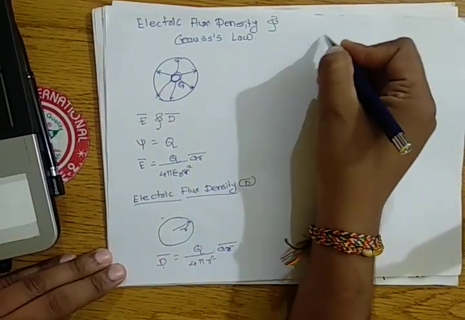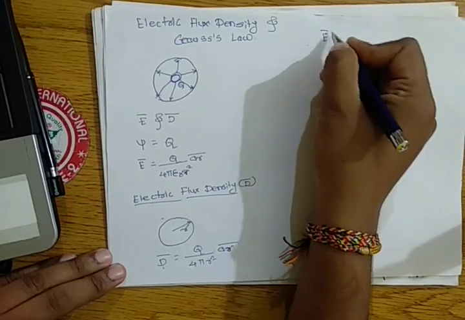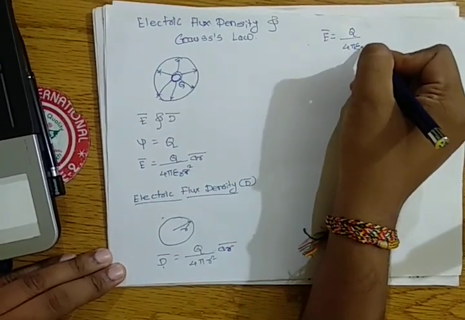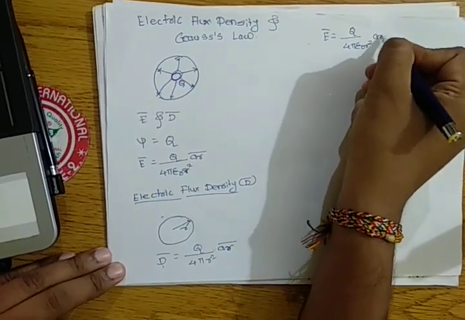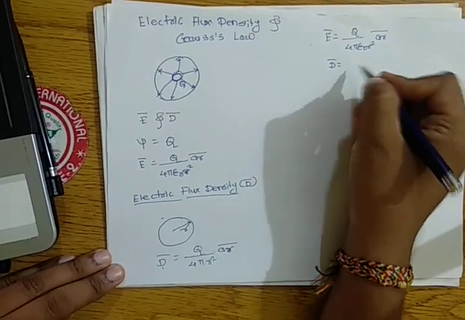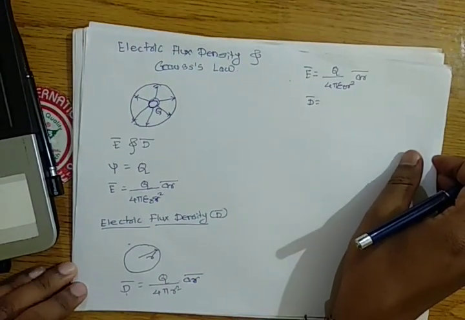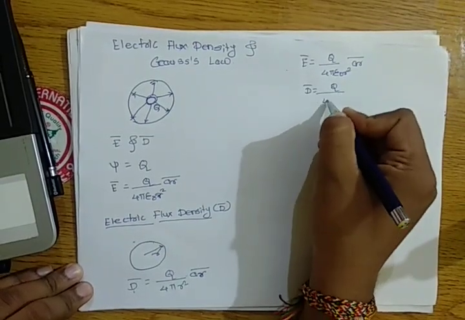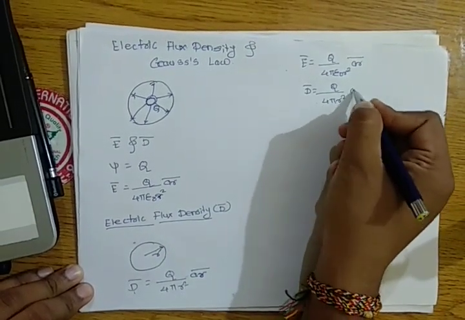E bar is given by Q divided by 4 pi epsilon 0 r square a r bar, and D bar is equal to Q divided by 4 pi r square a r bar.